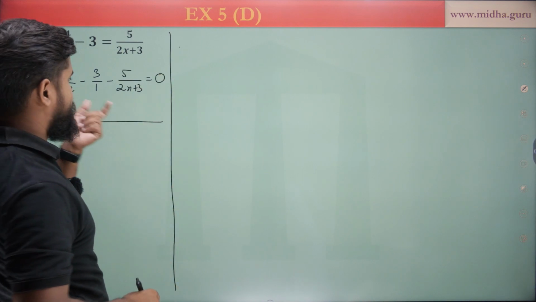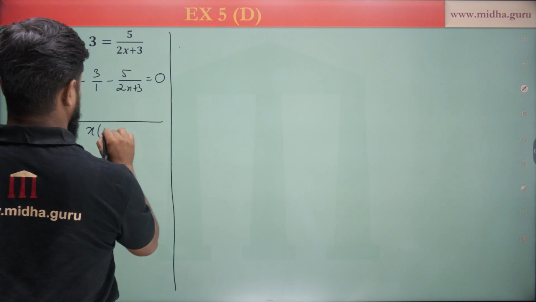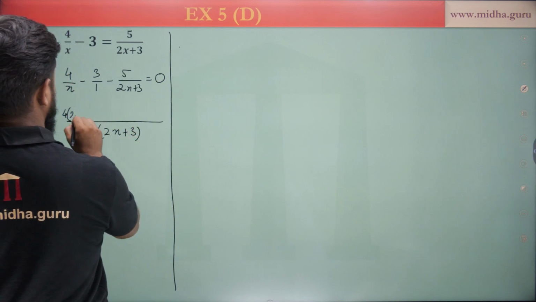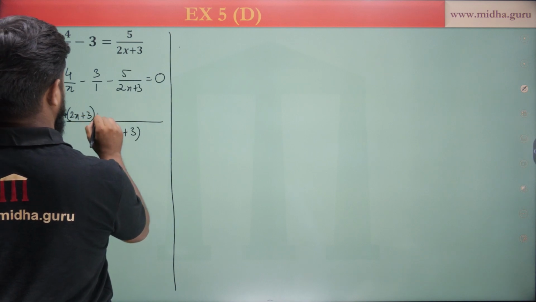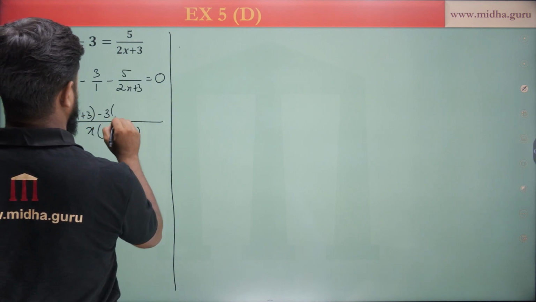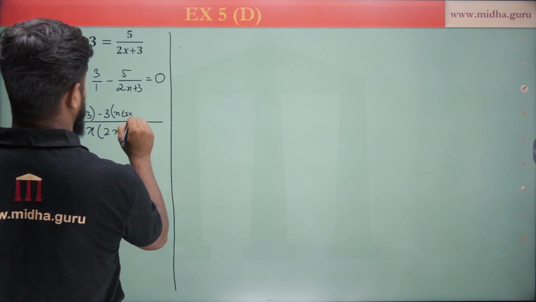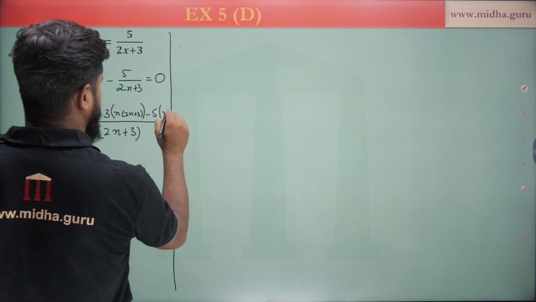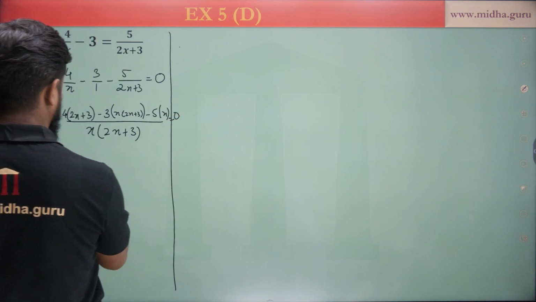Now we will take the LCM as x into 2x plus 3. So now since x is already present here, this will become 4 into 2x plus 3 minus 3 times of x into 2x plus 3 minus 5 into x, which will be equal to 0.